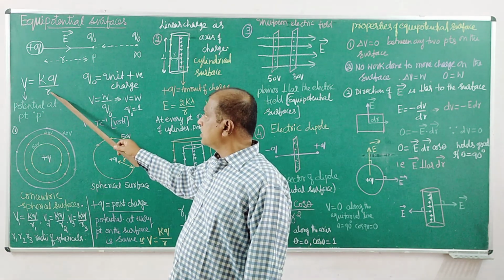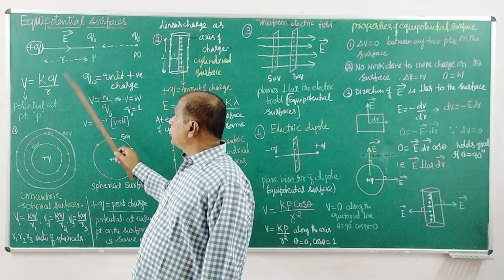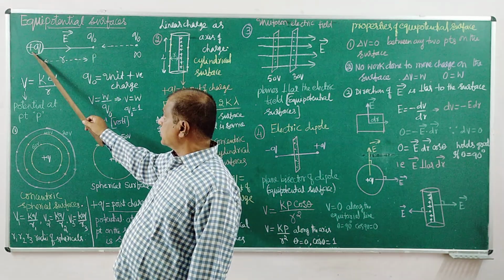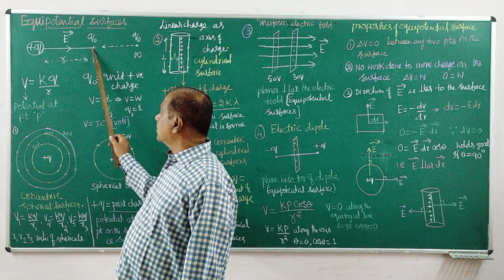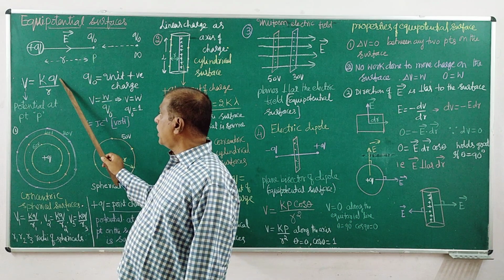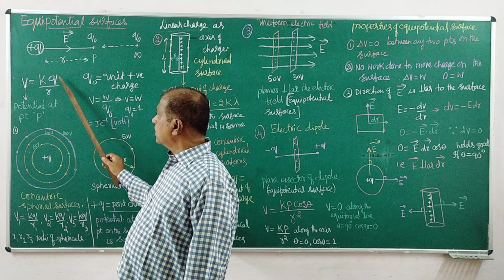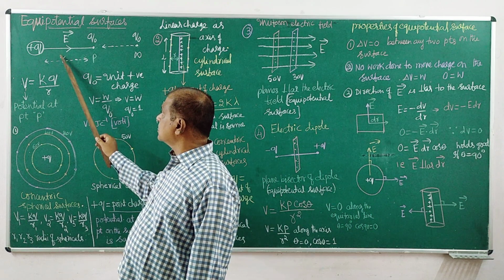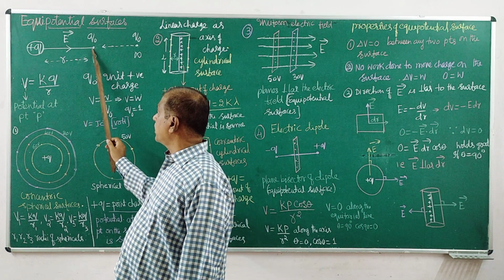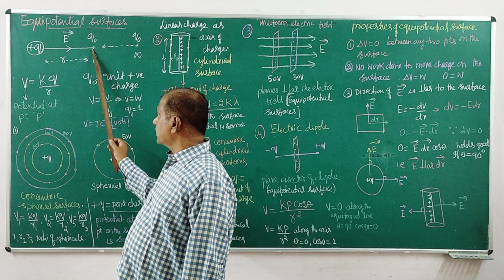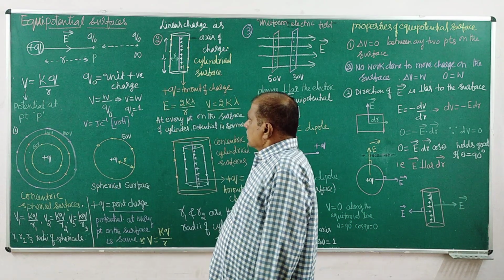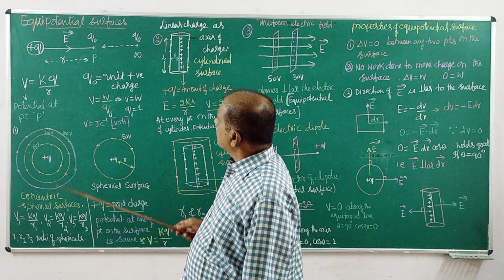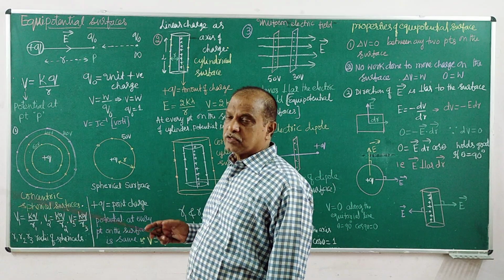And R is the distance between the point and the point charge. The potential depends on the amount of charge and inversely on the distance separation between the point charge and the point where the potential is defined. So this is regarding the definition of the potential.